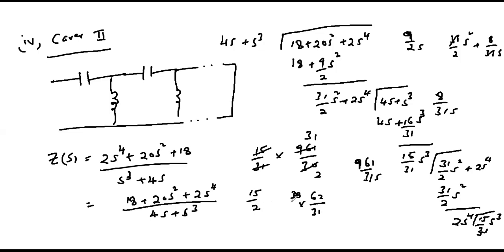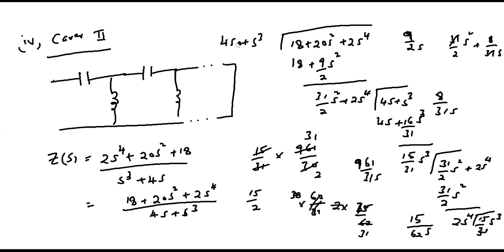I need to multiply 2 times 15 over 62, so that this will give us 15 over 31. And therefore, the term here is 15 over 62s. So the s again is on the denominator, so that the s and s^4 gives us s^3. And our term is 15 over 62s.